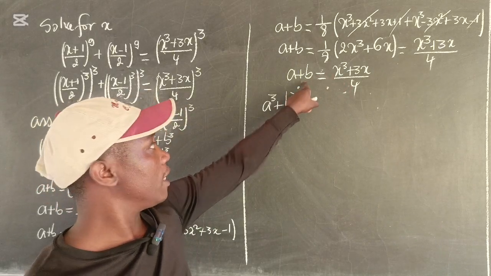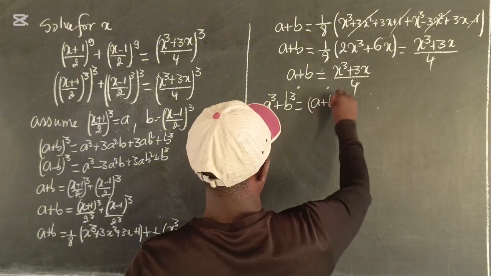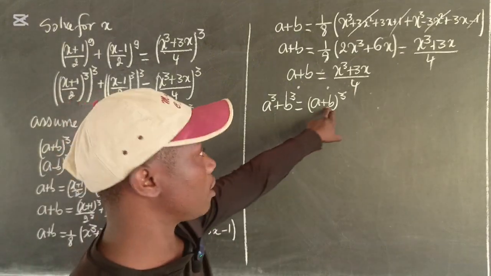Here is (a plus b) power 3. Let's now explain this.